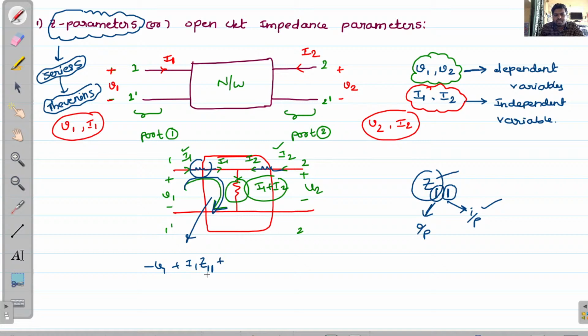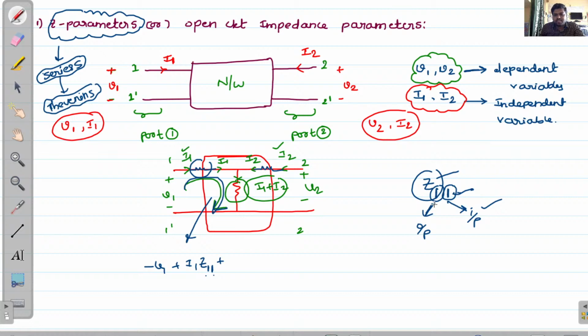So Z11 is nothing but the impedance collected from input only. That means input at port 1, and output also at port 1. You are sending the impedance from this port and you collect it at port 1 only.